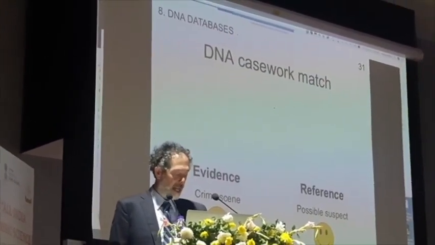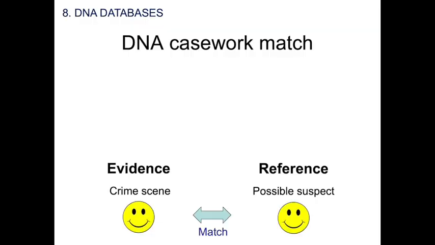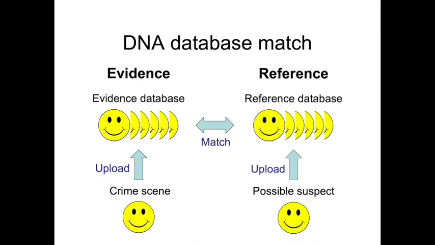Let me move to DNA databases. In DNA casework, there's a concept that you have evidence from a crime scene, and you have a reference sample, and when you get genotypes from both, you can calculate a match statistic. All a DNA database does is lift that up to a database. So many labs can upload their evidence to an evidence part of a database.